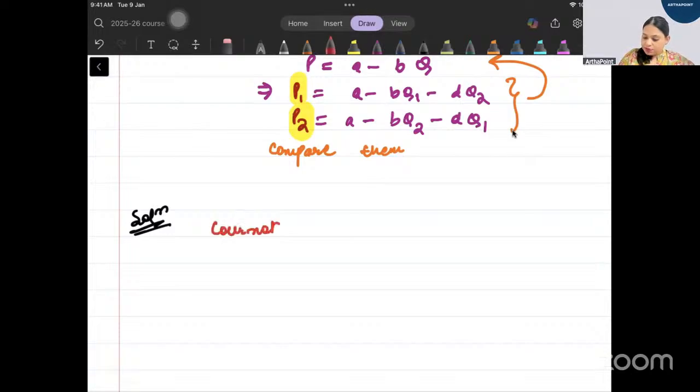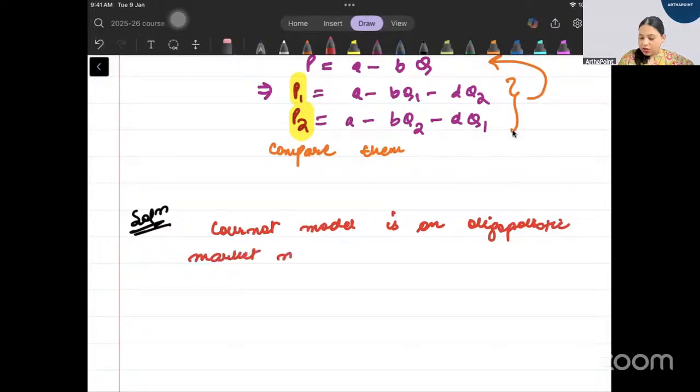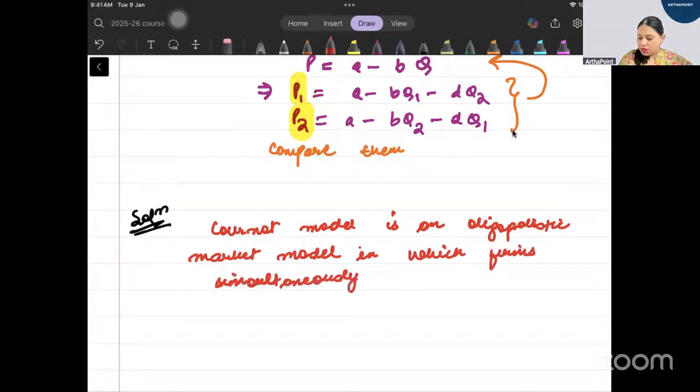The Cournot model is an oligopolistic market model in which firms simultaneously determine the quantity that exists in the market.